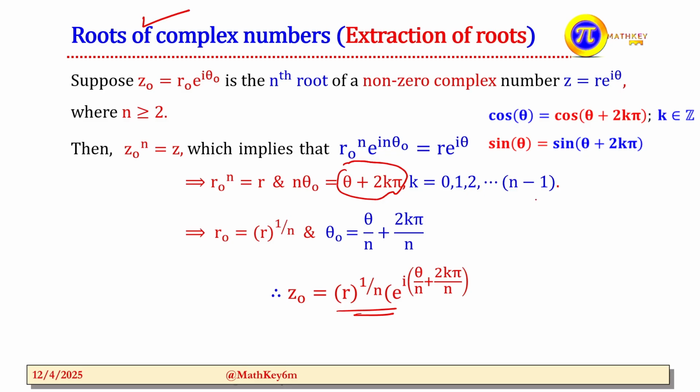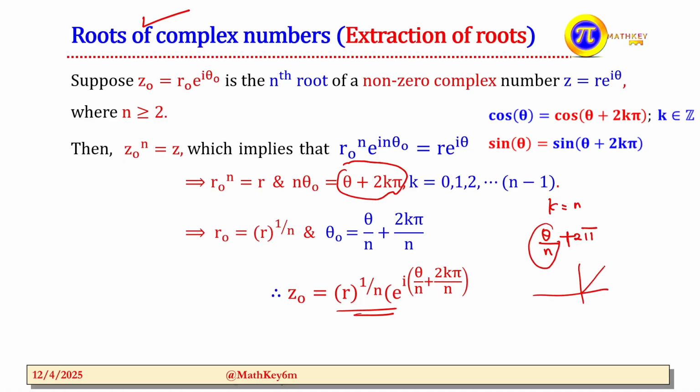Why? This is because if we take k equal to n, then it becomes theta over n plus 2n pi over n, which means 2 pi. As we are familiar, the trigonometric values of theta over n are equal to those of theta over n plus 2 pi, since this is a complete revolution.